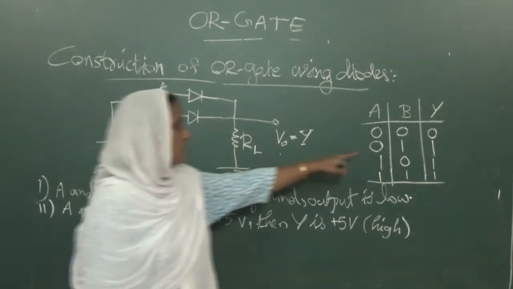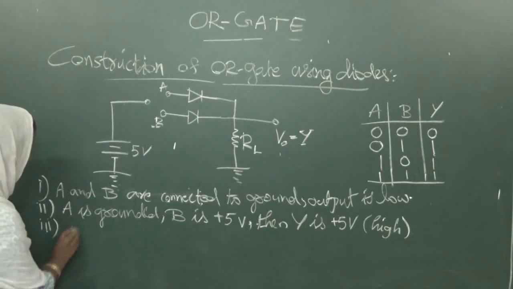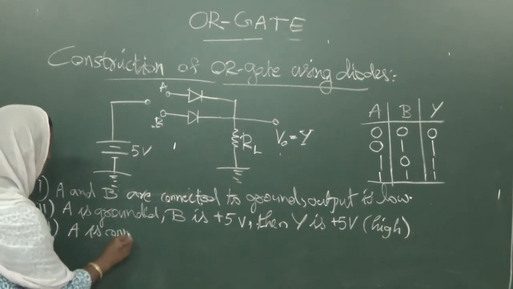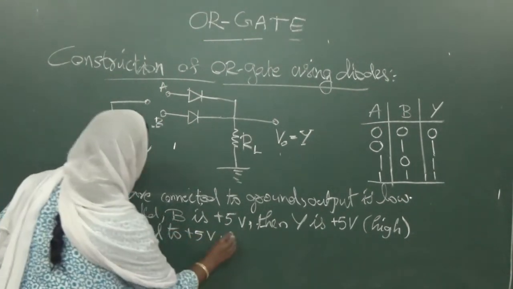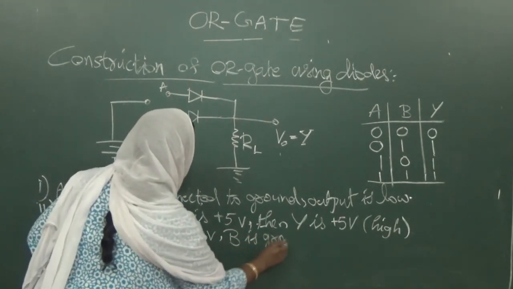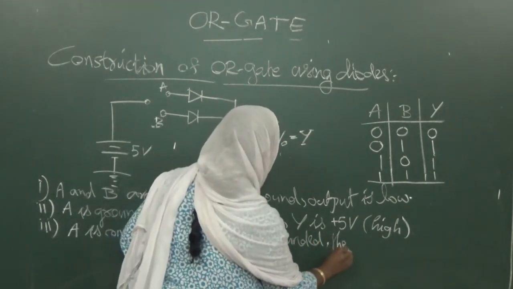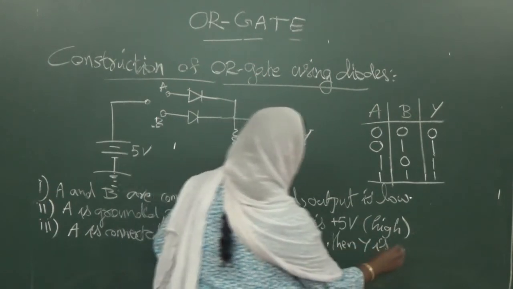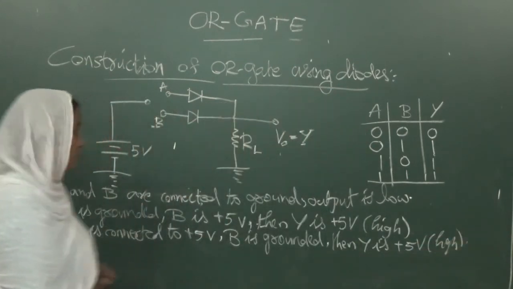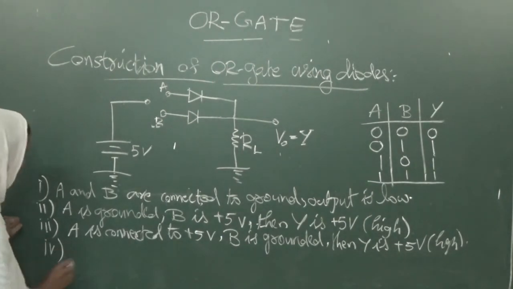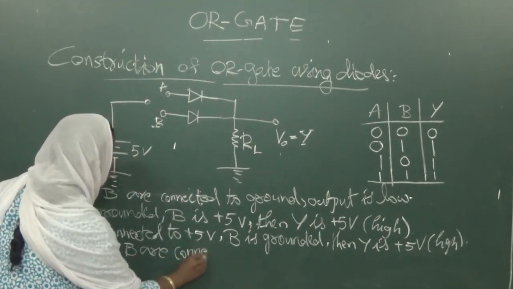Okay, this case. Next, the third case. The third case, and the last case: A and B are connected to plus 5 volt.